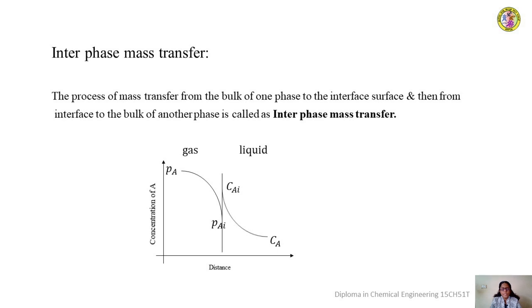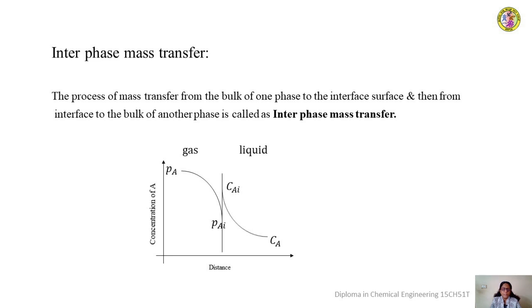Let us take, for example, a simple gas-liquid contact operation like gas absorption. We know what gas absorption is: an operation of mass transfer where the gas is contacted with a liquid phase to separate some of the components from the gas phase to the liquid phase by dissolving them in the given liquid. The liquid phase acts as a solvent.